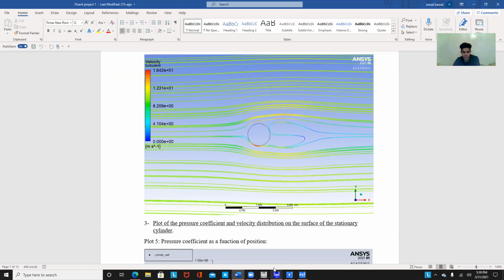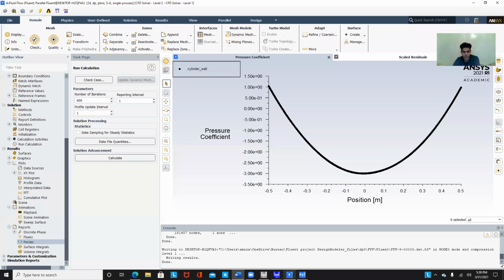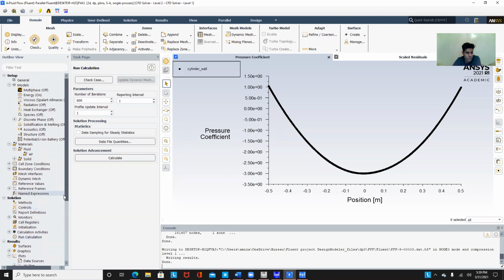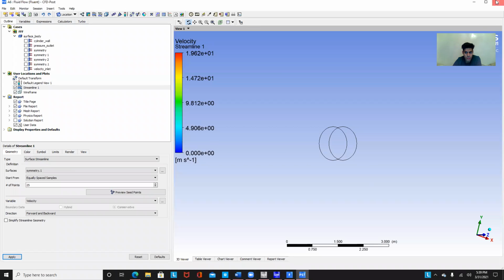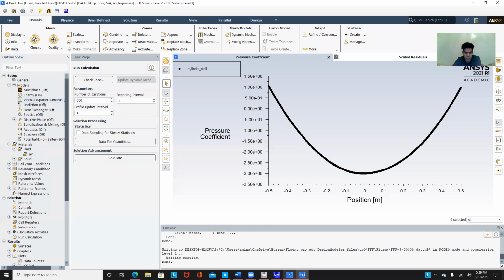So after this, now I'm going to be showing how to change your setup for the first and the third case. For the first case, we have inviscid flow. So for that, I'm going to close my CFD post.